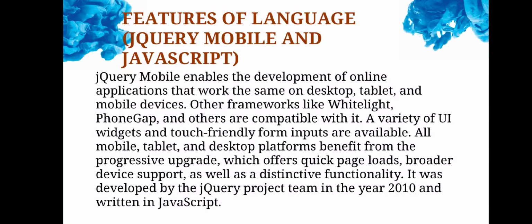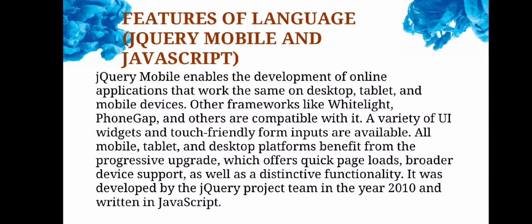Features of the language: jQuery Mobile and JavaScript. jQuery Mobile enables the development of online applications that work the same on desktop, tablet, and mobile devices. Other frameworks like Whitelight, PhoneGap, and others are compatible with it. A variety of UI widgets and touch-friendly form inputs are available.